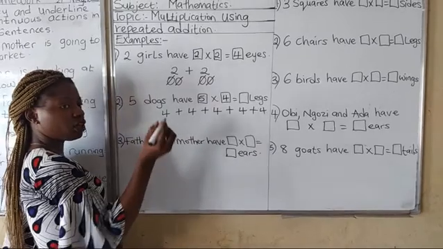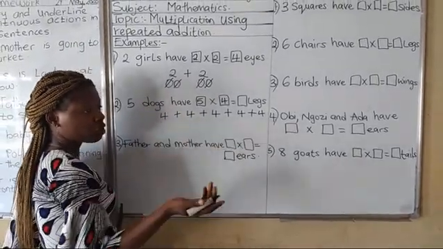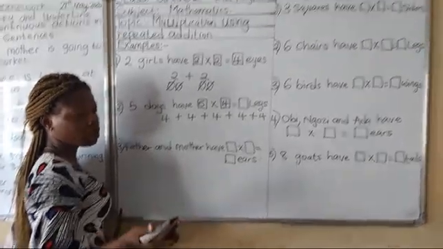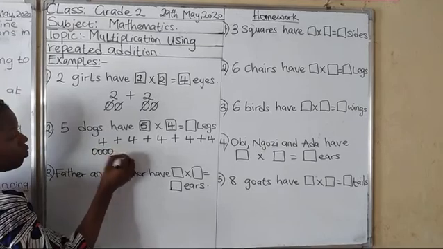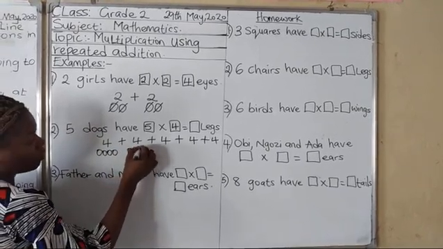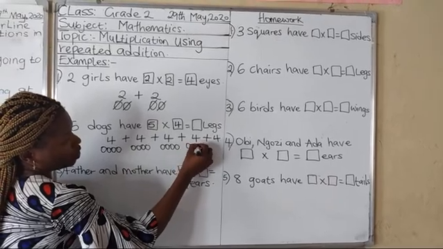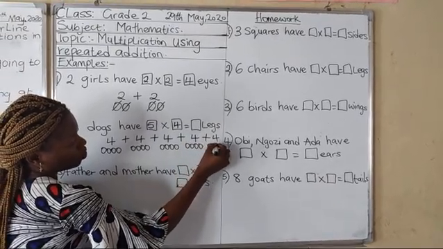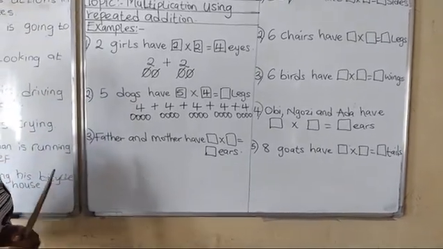Then you use your zeros to represent your numbers. You can use strokes. You can make use of any objects you have with you. 1, 2, 3, 4. 1, 2, 3, 4. 1, 2, 3, 4. 1, 2, 3, 4. 1, 2, 3, 4. Children, I hope you are still following.